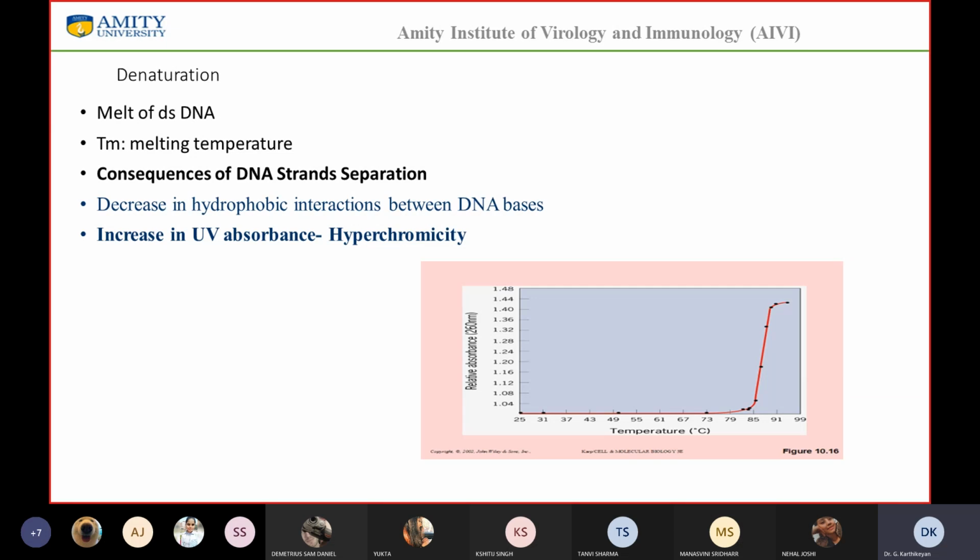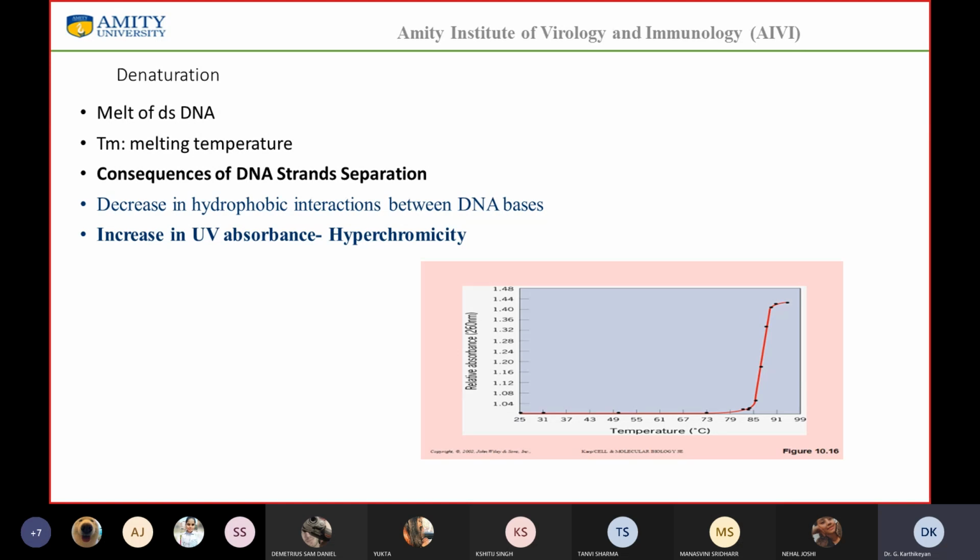The hydrogen bonds between A and T, and between G and C, are broken, but the DNA retains its integrity. That means the double-stranded DNA becomes single-stranded DNA, but doesn't become nucleotides or anything like that. Once you have two strands, when they separate out, you actually have an increase in the absorbance at 260 nanometer.